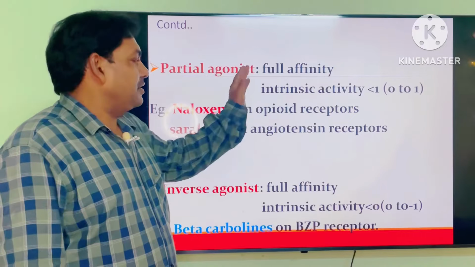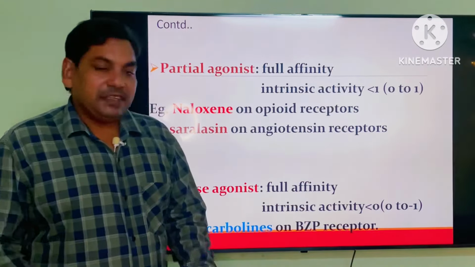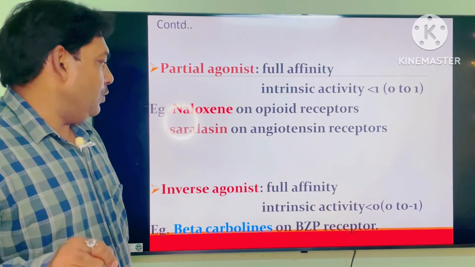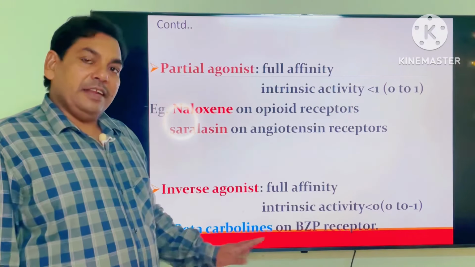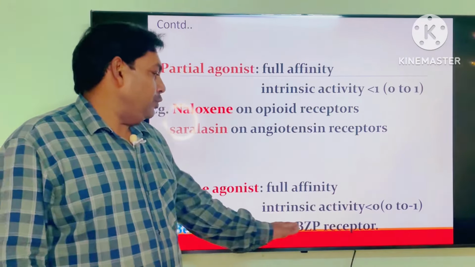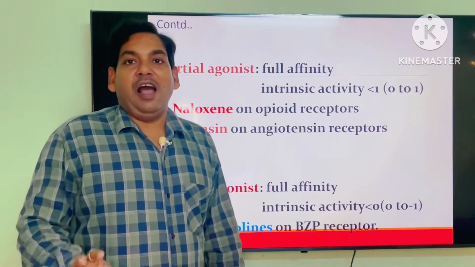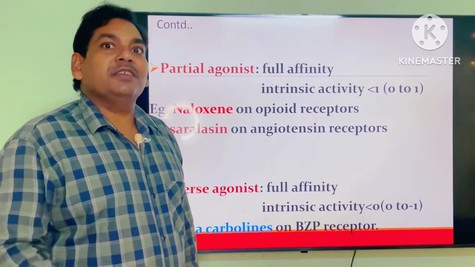That is known as a partial agonist. And the inverse agonist has full affinity but intrinsic activity less than 0. Examples are beta carboline and the benzodiazepine receptor. These examples indicate the inverse agonist.